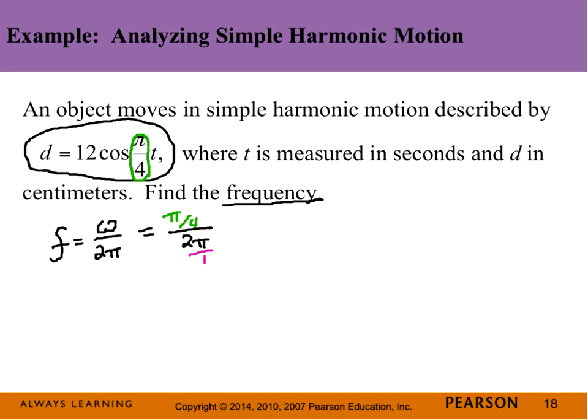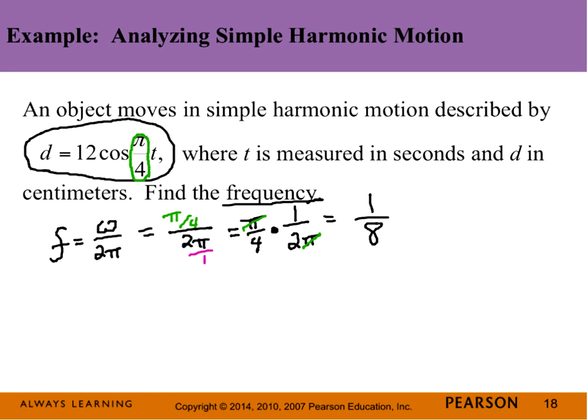So let me point this out. This is really 2 pi over 1, and the reason I did that is because I'm about to divide fractions, and whenever I work with fractions, I like everything to look like a fraction. And I never divide fractions, I multiply by the reciprocal. So now I have pi over 4 multiplied by the reciprocal, 1 over 2 pi.